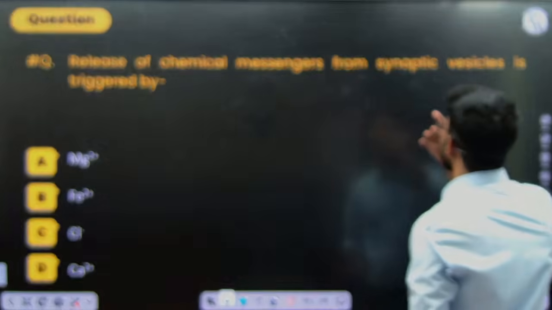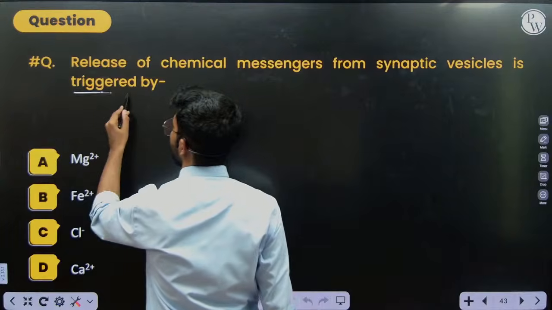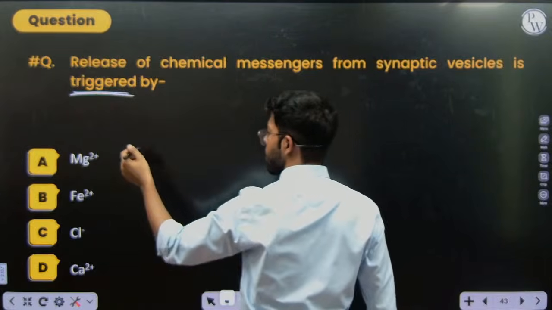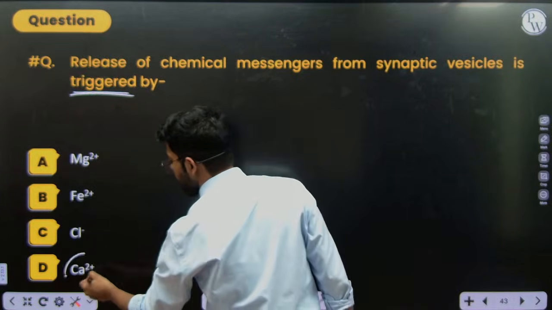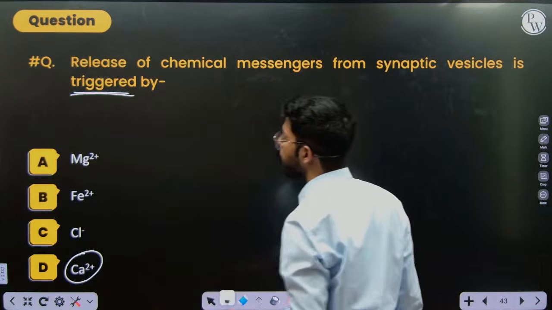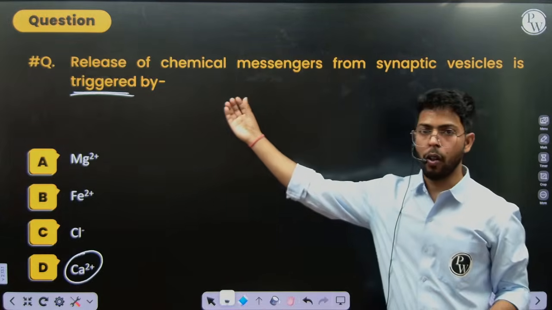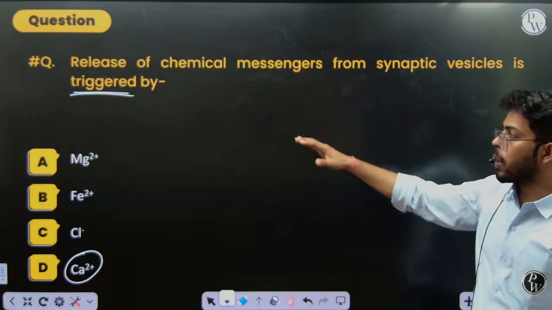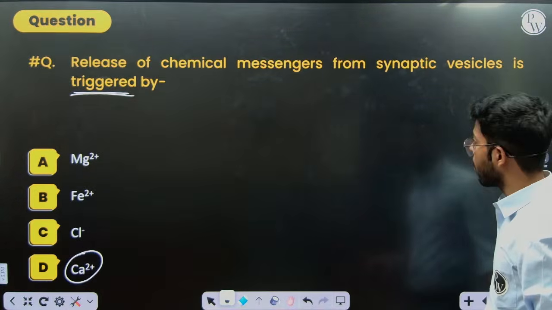Release of chemical messengers from synaptic vesicles is triggered by calcium, same as we discussed in the previous slide. Calcium ion is responsible for the fusion of the synaptic vesicles to the membrane of the neuron.